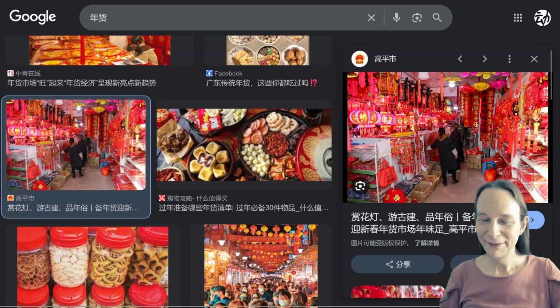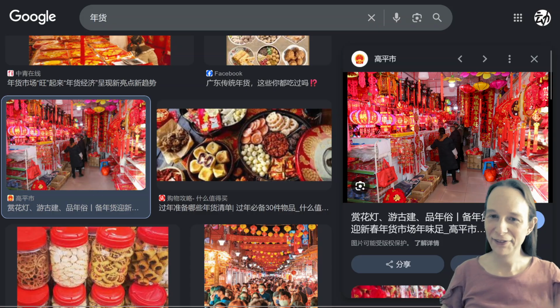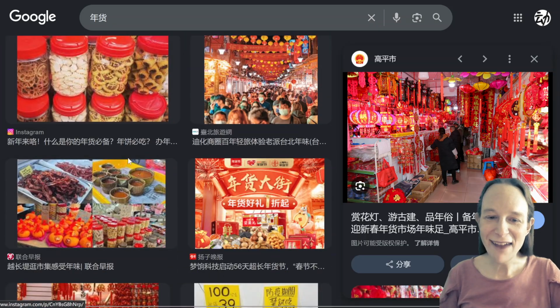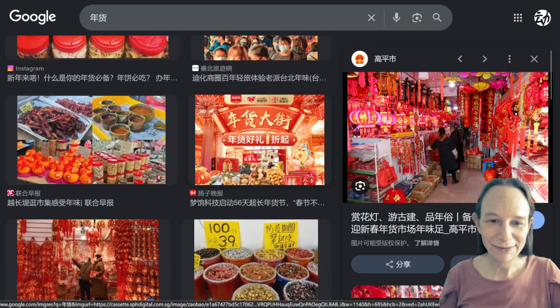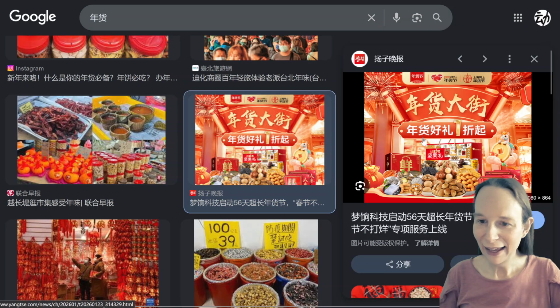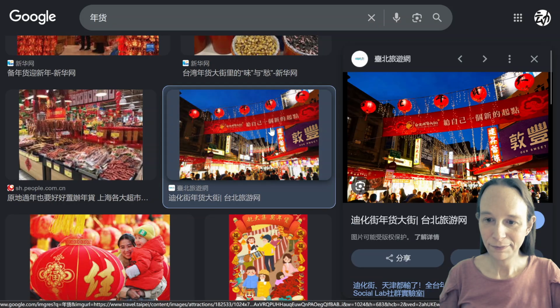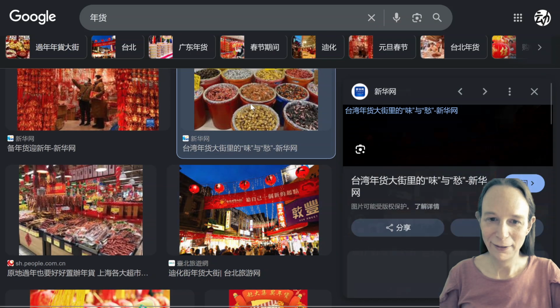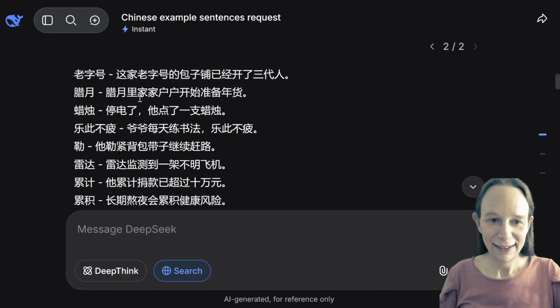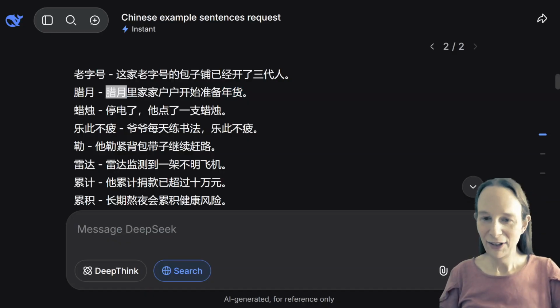And when Spring Festival comes around, there are shops like this. It's just full of 年货, very, very red, lots of red. 年货好礼, 得体, 年货. All right, so 腊月.